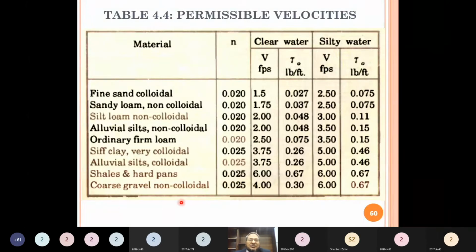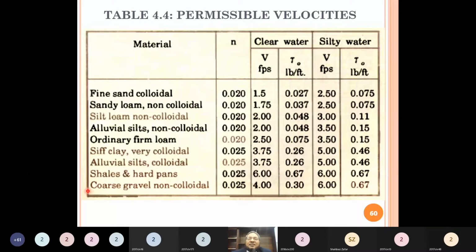These are the various materials of the bed and banks of the channel, like fine sand colloidal, sandy loam, silt loam, non-colloidal, ordinary firm loam, and coarse gravel, etc. And here the Manning's N values are also given.